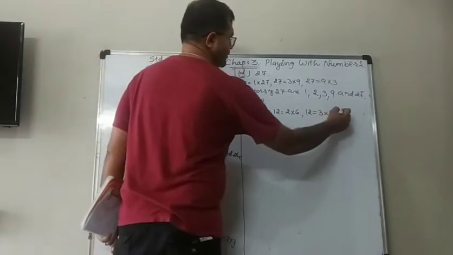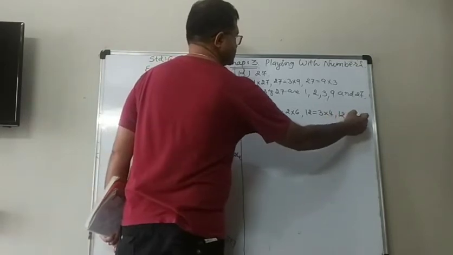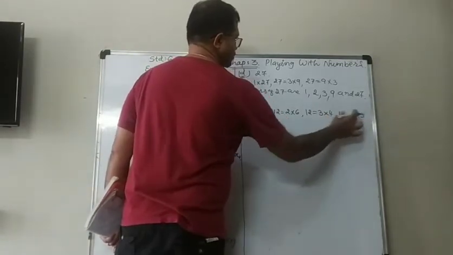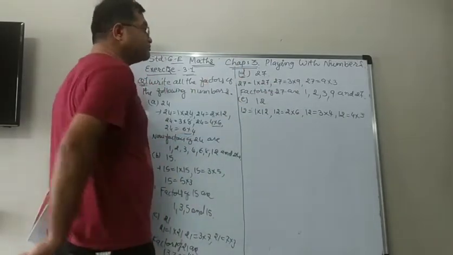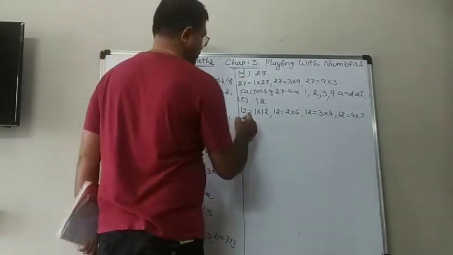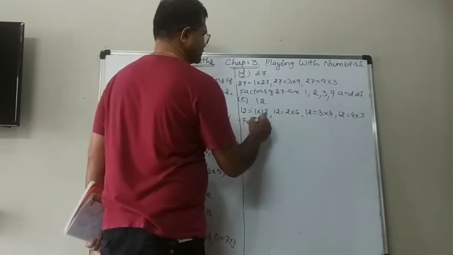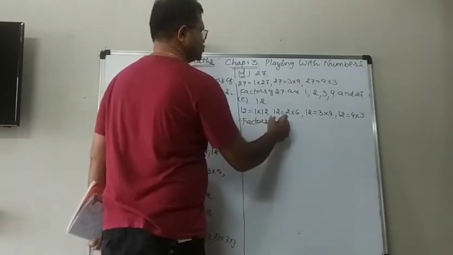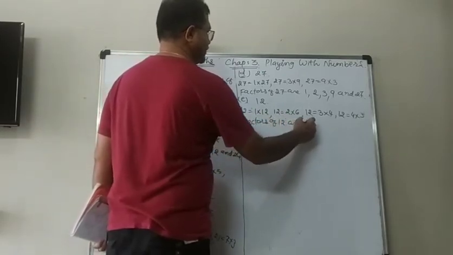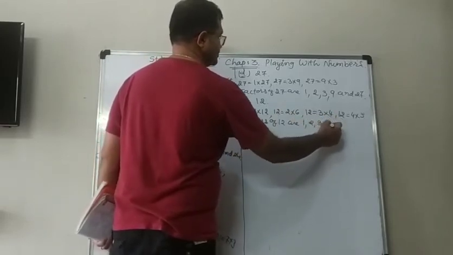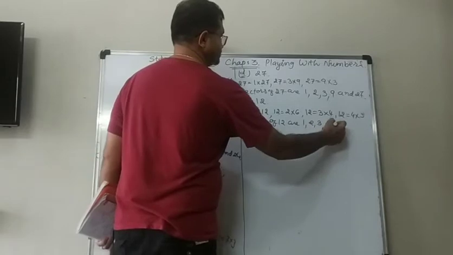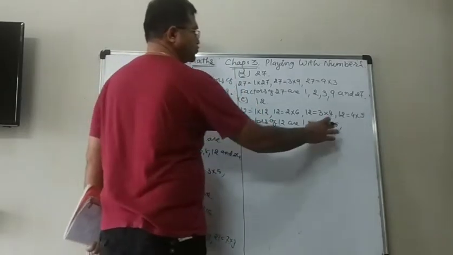Then in the 4th table it is 4 3s are 12. So it is repeating now, 3 4s and 4 3s. So we have to stop because we can't get more factors. Therefore, factors of 12 are 1, then 2, then 3, then 4, then 6 and 12.